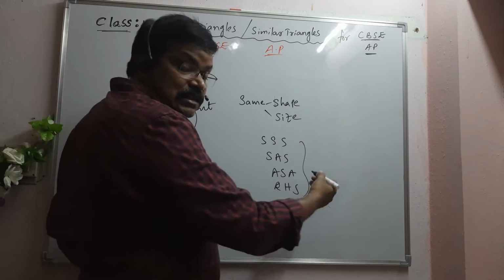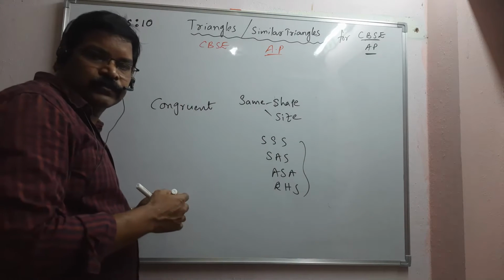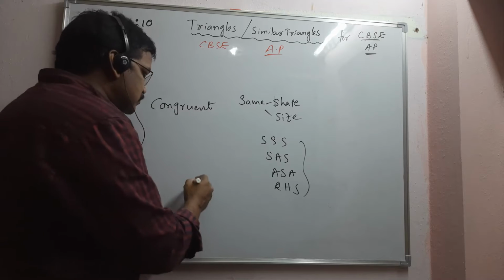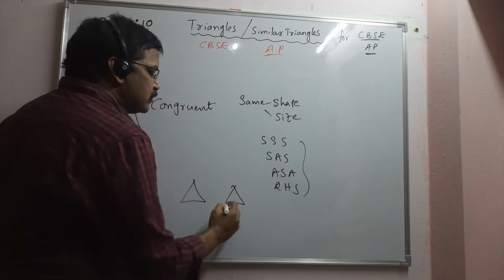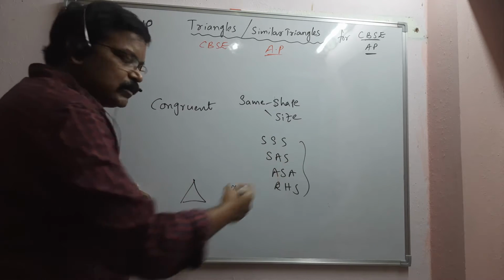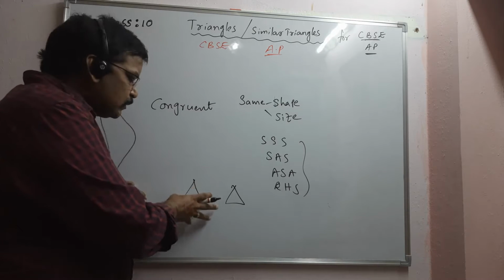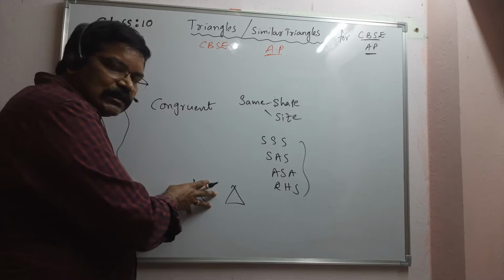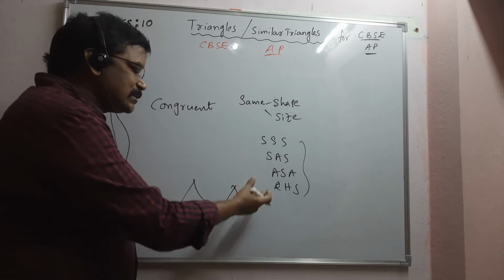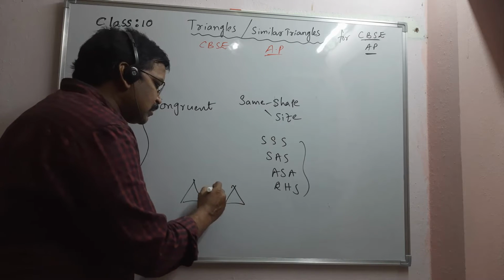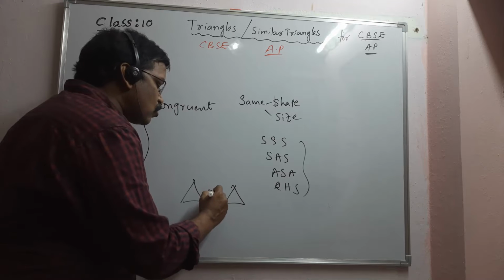SSS means, I will just recall only one. SSS means the three sides of the first triangle are respectively equal to the three sides of the second triangle. Then the two triangles are congruent.